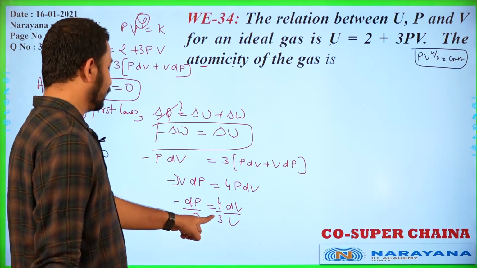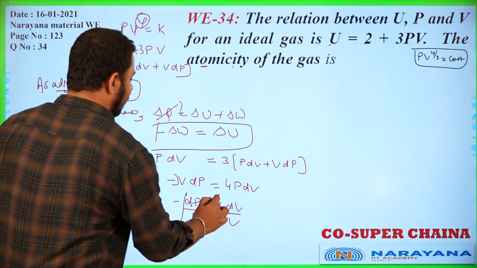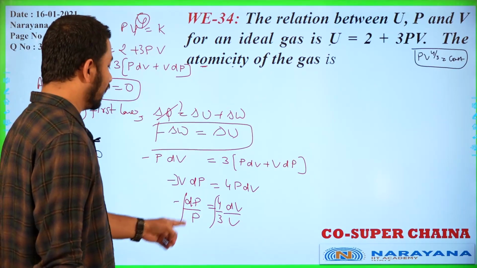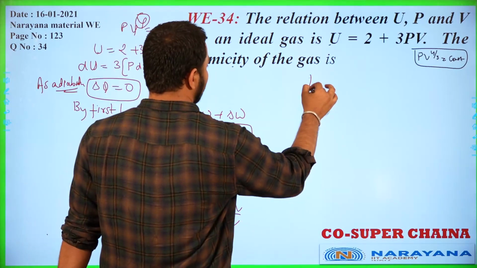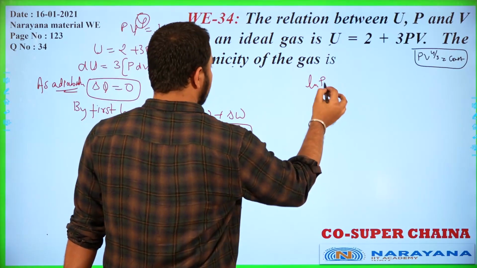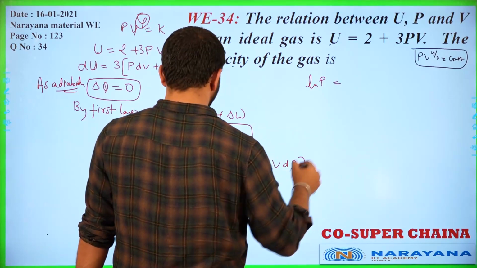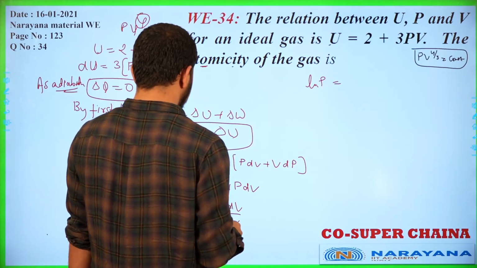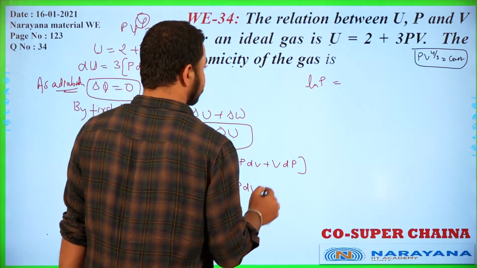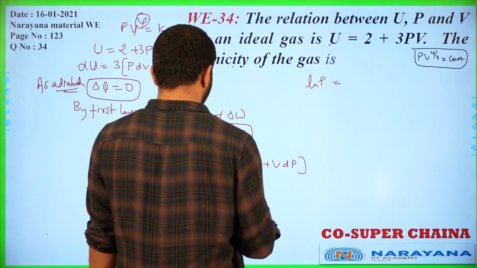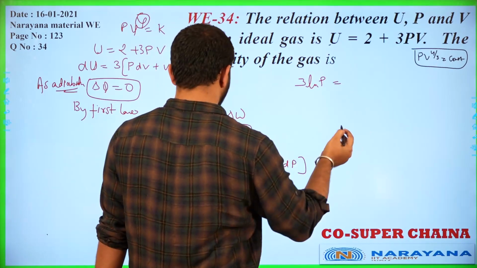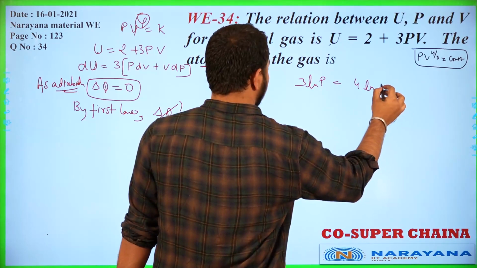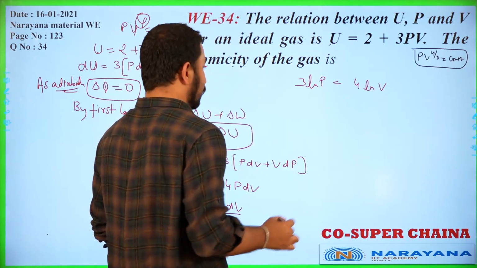Okay, so now we'll integrate. When we integrate, we get the value in terms of ln. So 3 ln P is equal to minus 4 ln V plus some constant.